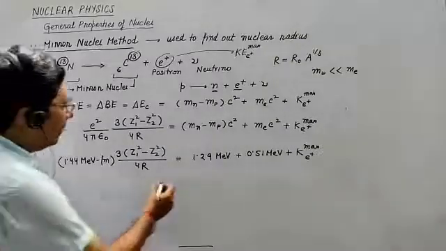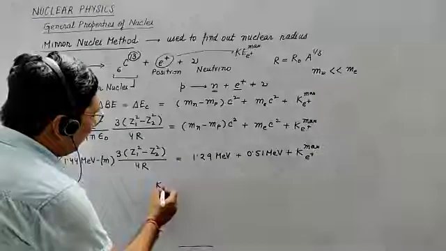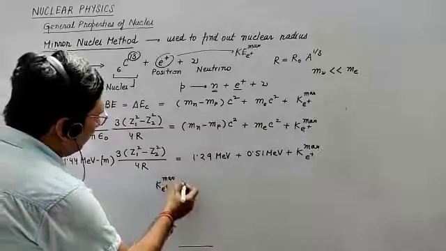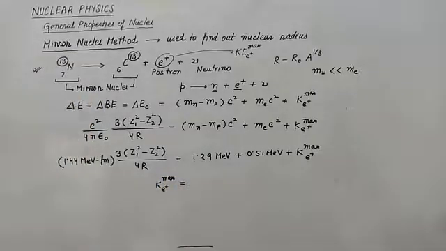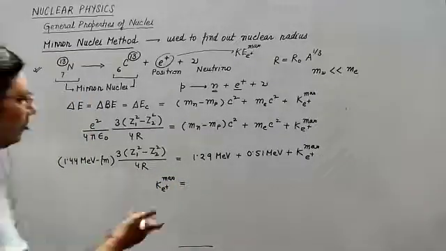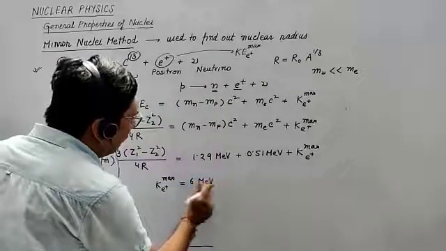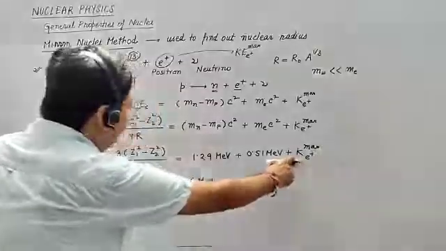So in this way you can solve this type of numerical. In this type of numerical, they will provide you the maximum kinetic energy of this positron. Suppose this is 6 MeV. So I will substitute this 6 MeV here.